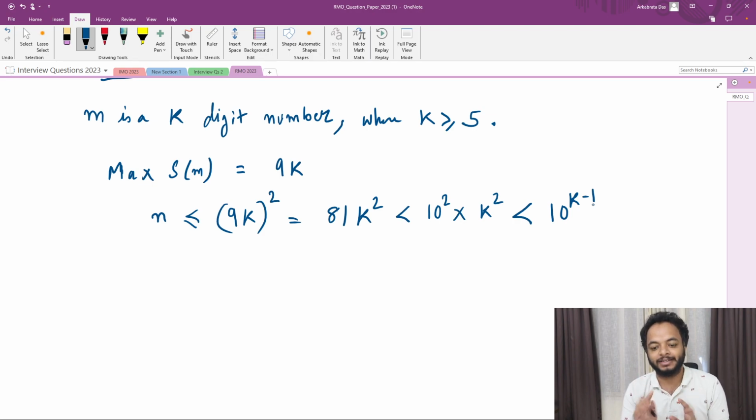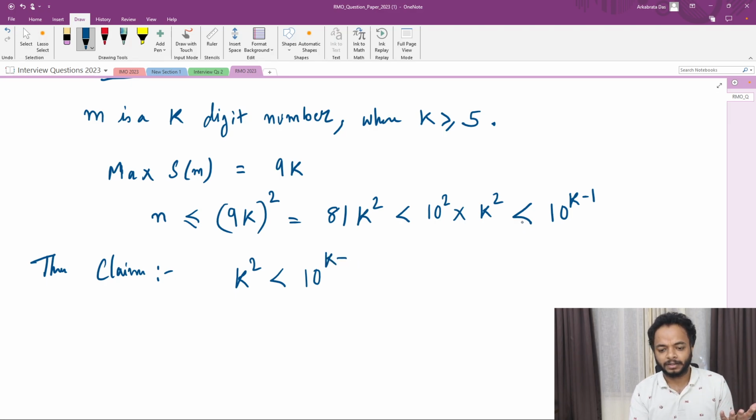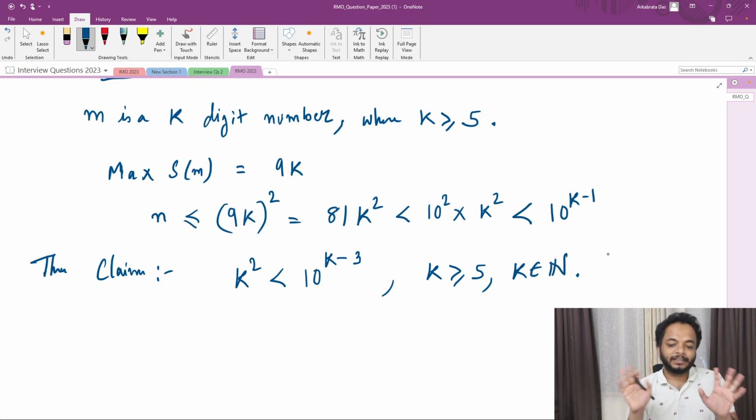If I want to show this, then my claim would be that k square is always less than 10 to the power k minus 3, which we multiply with this, and of course k is greater than or equal to 5 and k is a natural number. So this is my claim.